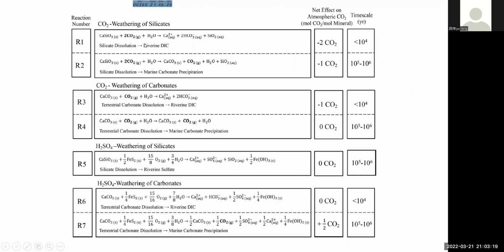So normally any model takes into consideration the weathering of silicates and carbonates, which is mainly conducted by carbon dioxide, CO2 weathering. However, another component which is often ignored is the weathering that occurs by pyrite or sulfuric acid.